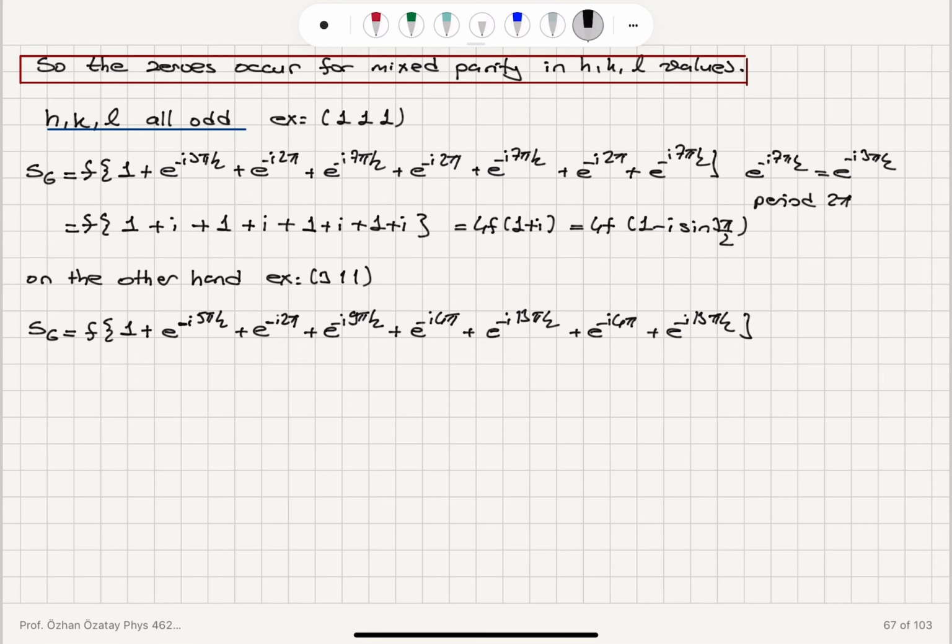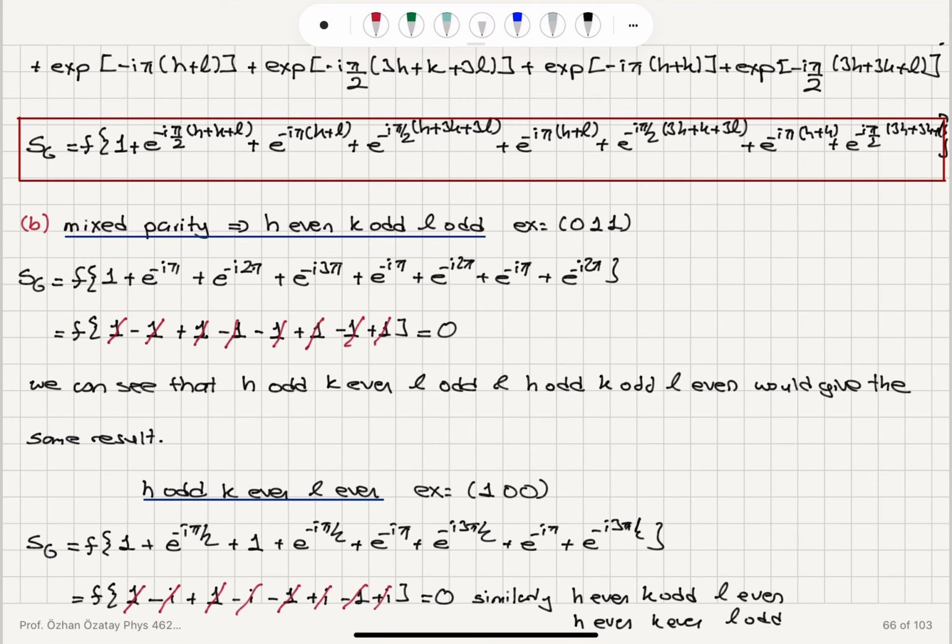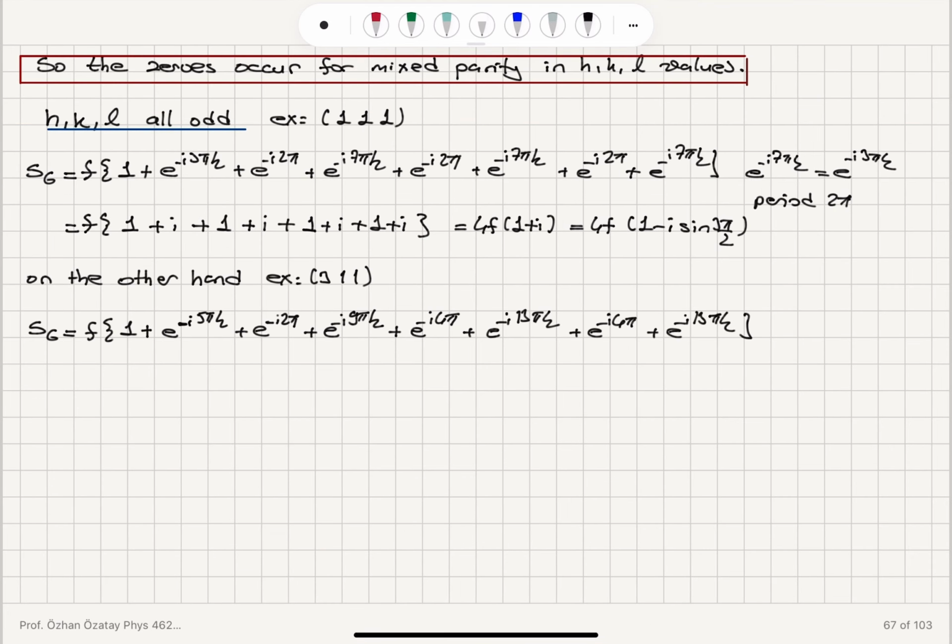If you want to check this last one, for 3, 1, 1: 3 times 3 is 9, plus 3 is 12, plus 1 is 13 pi over 2. So that's what I see here for the last term.